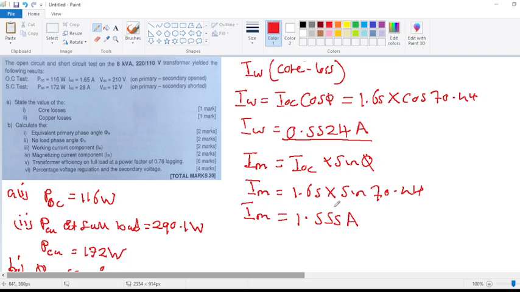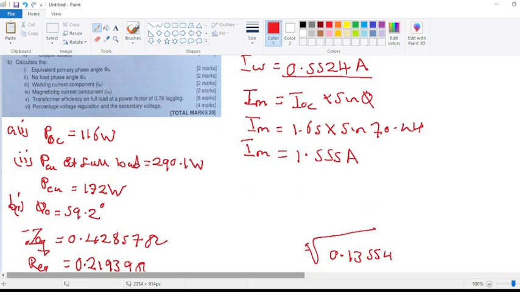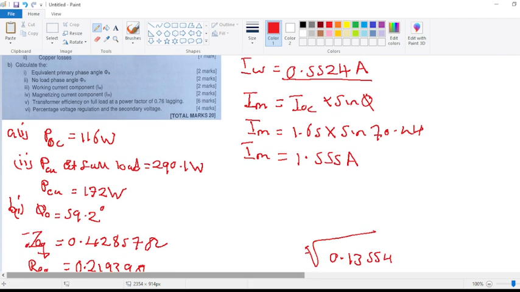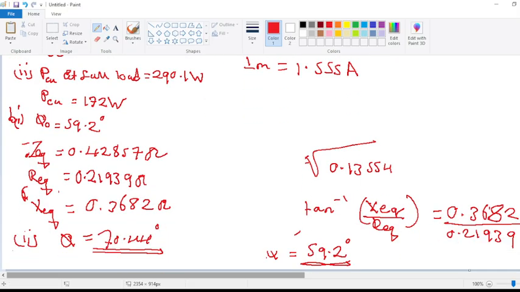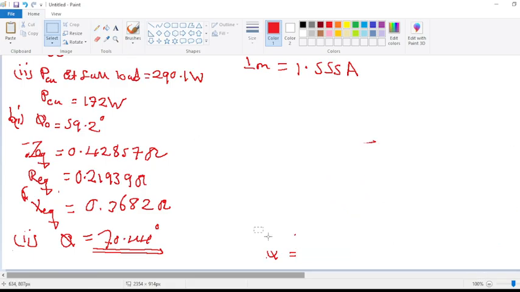If you want, you can round it off to 1.56, but I just want to leave it at 3-4 decimal places. So this was the magnetizing current component. Let me erase this part here and put our answer.